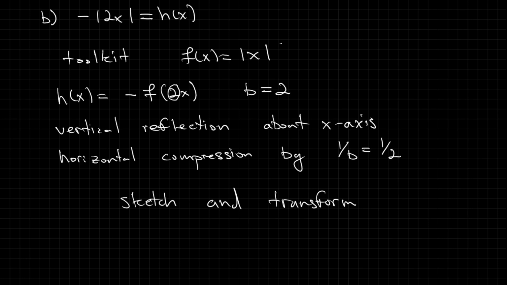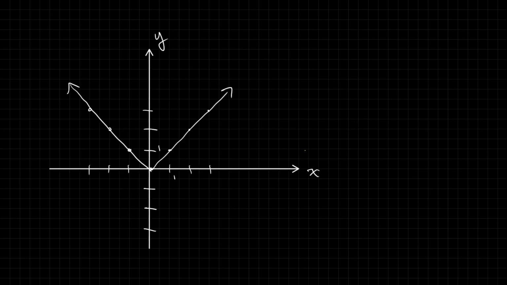So we'll sketch our toolkit function absolute value of x. We'll do a vertical reflection by multiplying all of the y values by -1. Then we'll do a horizontal compression by multiplying all the x values by 1/2. I have my toolkit function sketched here, and I'm going to go ahead and apply these transformations. So I'll start at the point (3, 3).